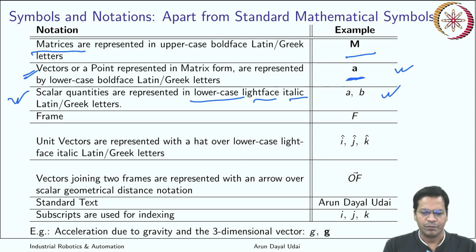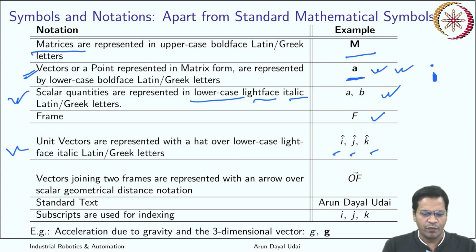Frames will be defined as italic capital letters. Unit vectors have a cap on top of them. So i, j, k may have caps, but sometimes I can use it like this, just making a bold small i to denote i as well.